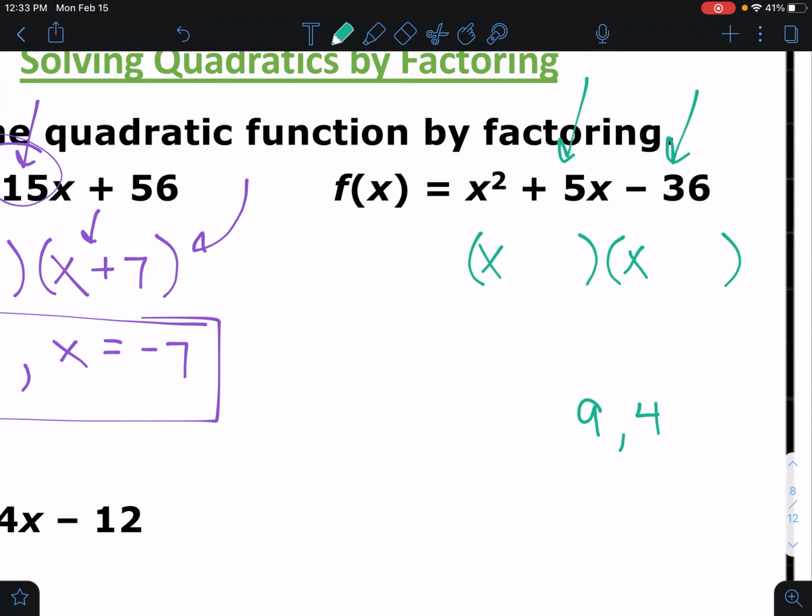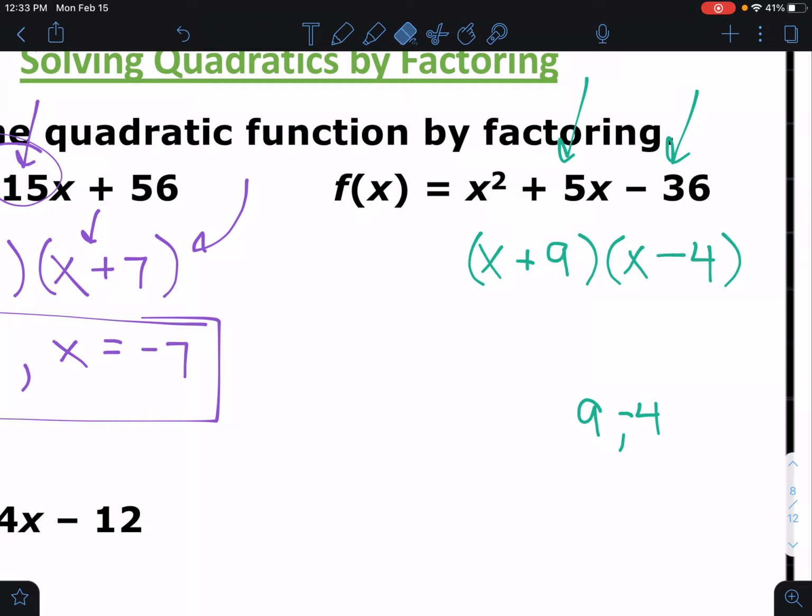But that's not negative 36. So now, which one do I have to put the negative on? I need one of them to be negative, right? If I add negative 9 plus 4, that'll give me negative 5. I need positive 5. So I'm going to have to put the negative here. 9 times negative 4 is negative 36. 9 plus negative 4 is 5. So that's the one I want.